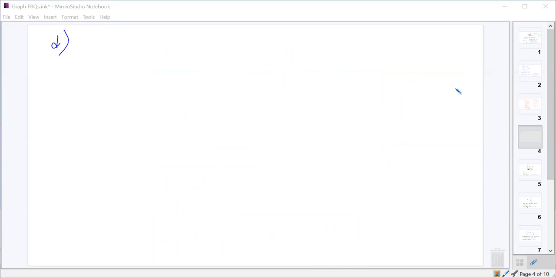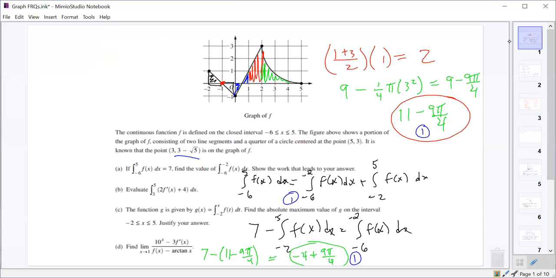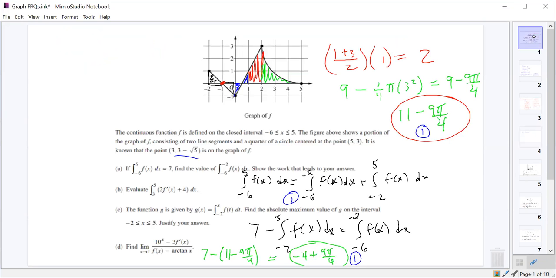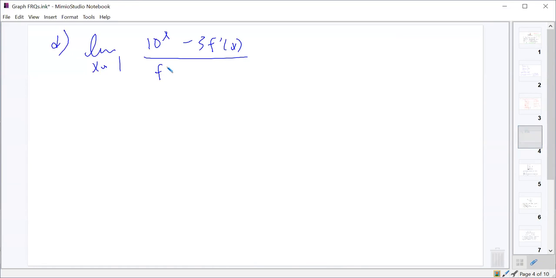All right. And then part D is asking us to find this limit. So x approaches 1 of 10 to the x minus 3f prime of x, all over f of x minus arctangent x.